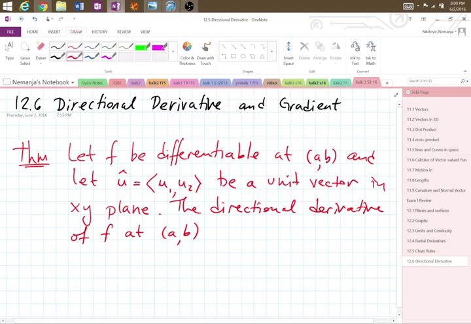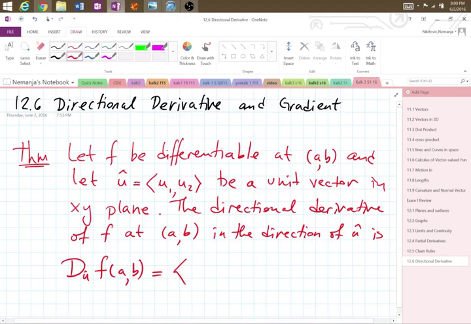So the directional derivative of f at (A, B) in the direction of u, which we denote as D_u f at (A, B), is the gradient of f computed at (A, B), dotted with (u1, u2).